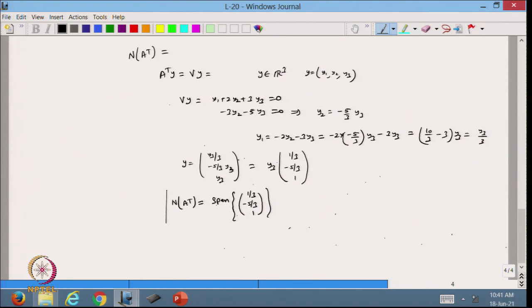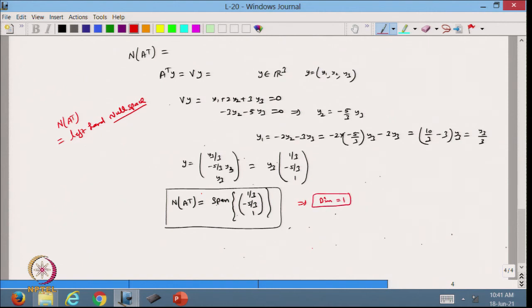So, that is the null space of this one, and we also know that the null space of A transpose is also called the left hand null space, and this is equal to this one. So, its dimension is 1.